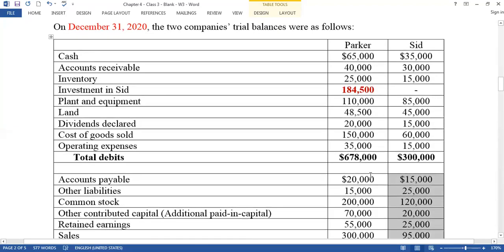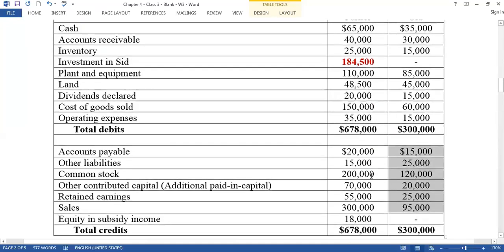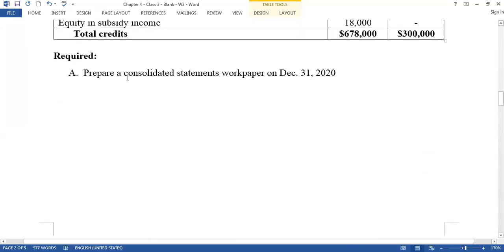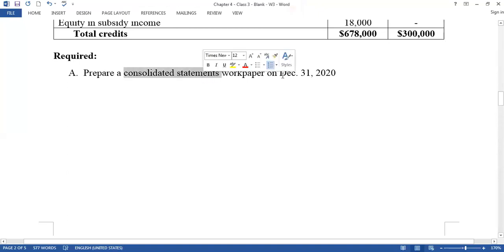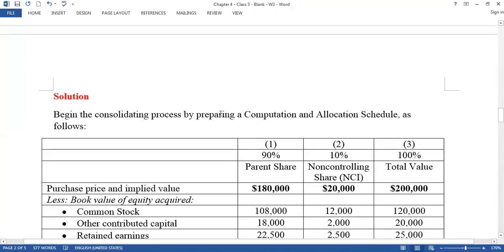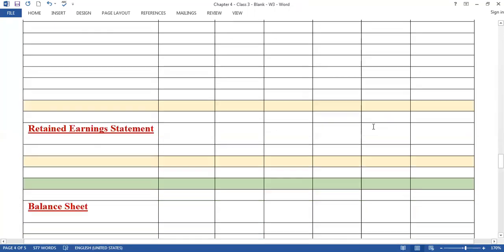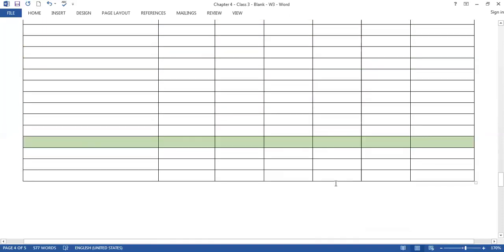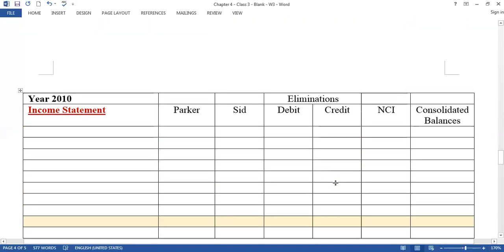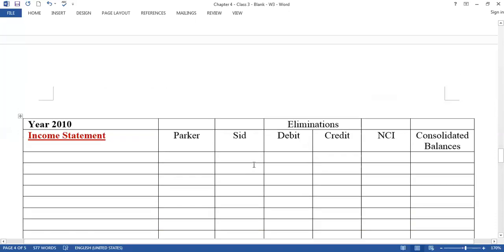So this information is given based on the trial balance, and the requirement is to prepare consolidated financial statements through a work paper on December 31st, 2020. And this is the work paper. We have to solve this question through this work paper.